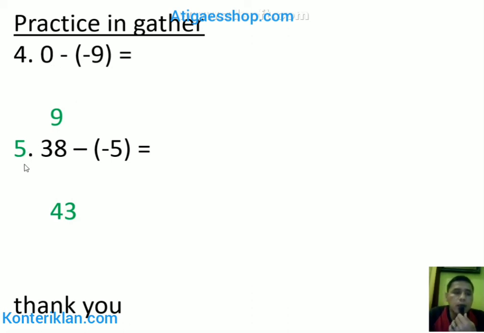Well, now the last one, number 5. 38 subtract, in the bracket, negative 5. As you know, a subtraction or negative meeting a negative in the bracket should be positive. So 38 subtract negative 5 is the same as 38 plus 5 equals 43.